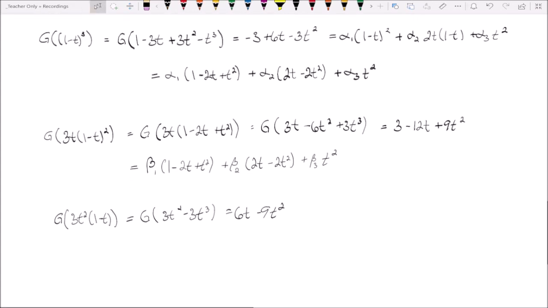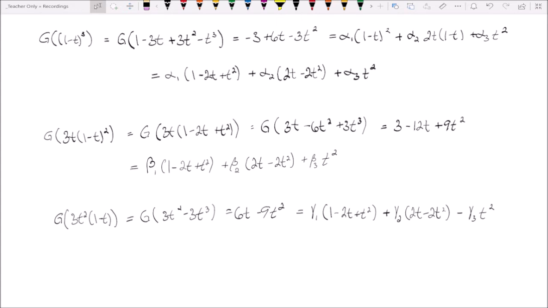Right, and that is a linear combination of the vectors in T. So gamma 1 times 1 minus 2t plus t squared plus gamma 2 times 2t minus 2t squared plus gamma 3 times t squared.